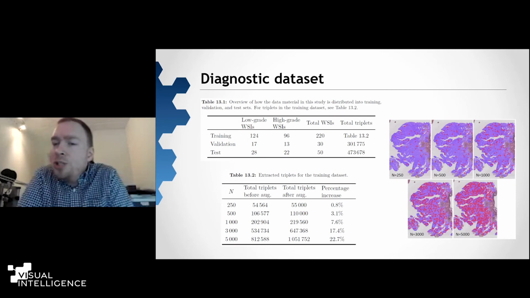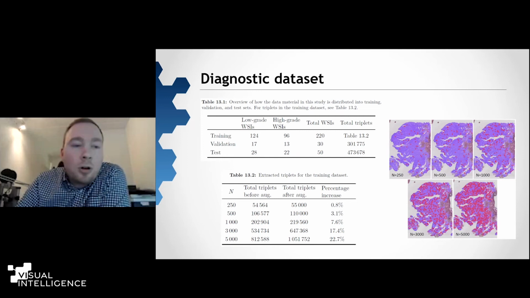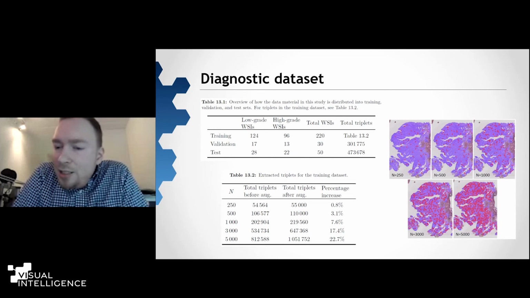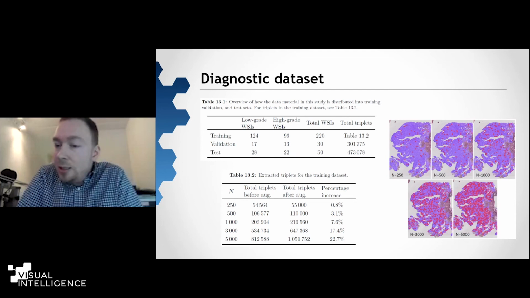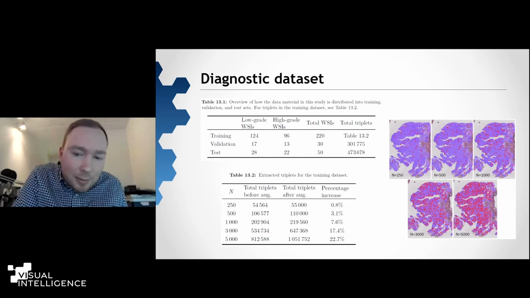This slide shows the dataset used in the paper. We can see that for training, validation, and test set, we have a total of 220, 30, and 50 whole slide images. For the validation and test set, the tile extraction method is used to find tiles, and all tiles are used in the dataset.